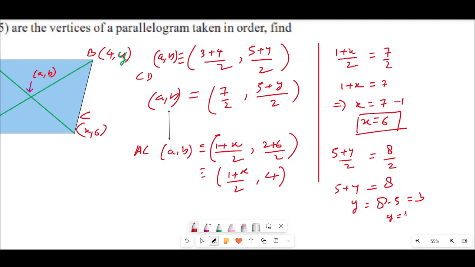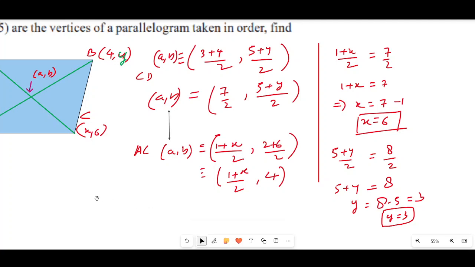So y = 3. That means we are able to find the value of x and y if we assume AB as the middle point. Clear?